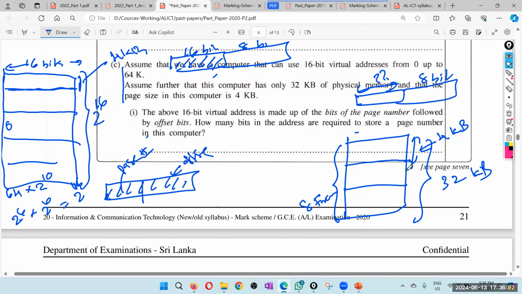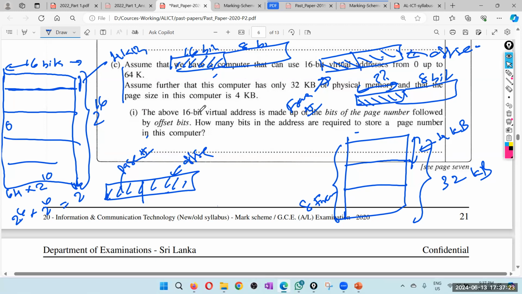And this one, that is the physical address, consists of frame number and offset. Offset is going to be the same. Offset is not going to be different, but page number and frame number are going to be different.